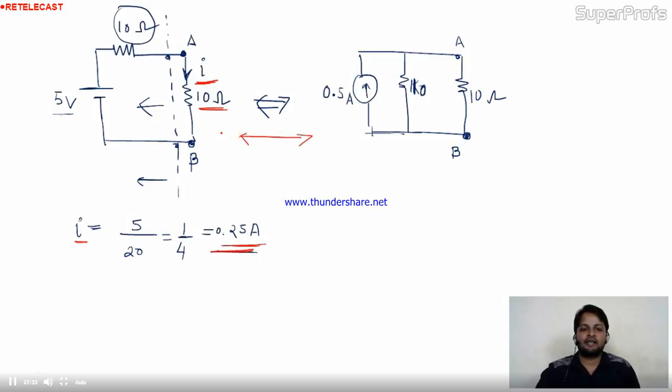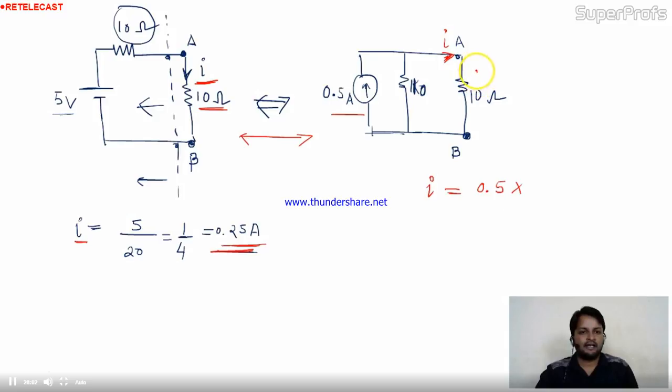If these two circuits are equivalent, the value of currents will not change. Find out the current in this 10 ohm. Can we apply the current division rule here? Yes, we can apply. So this I will be the source current 0.5, multiplied by the opposite branch resistance.